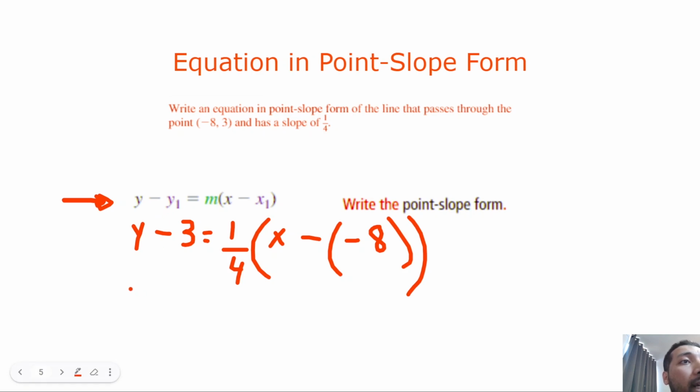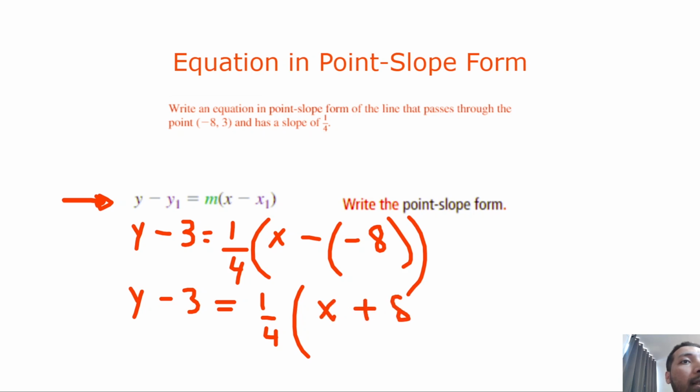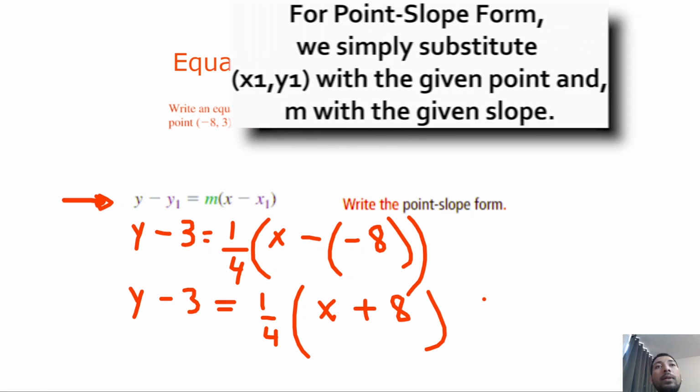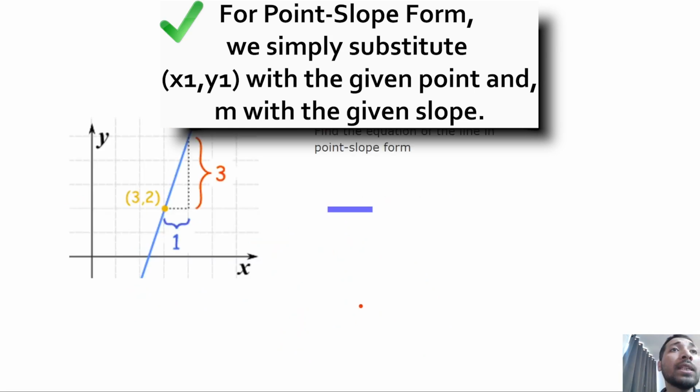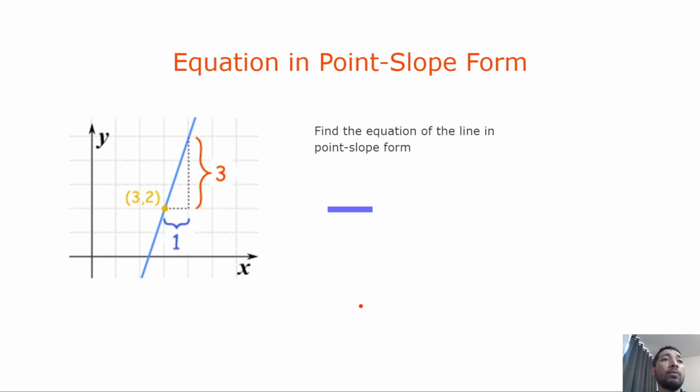So by simplifying, we just get y minus 3 equals 1/4 (x plus 8). This structure is the point-slope form. And that's pretty much it for the equation in point-slope form. Pretty simple, right?